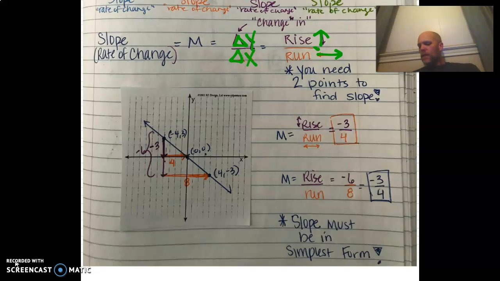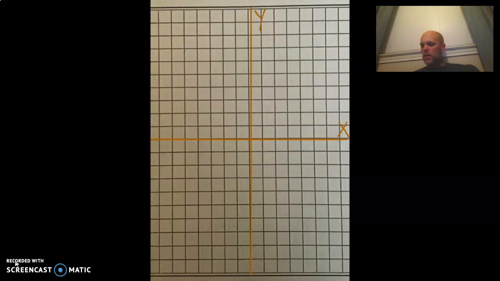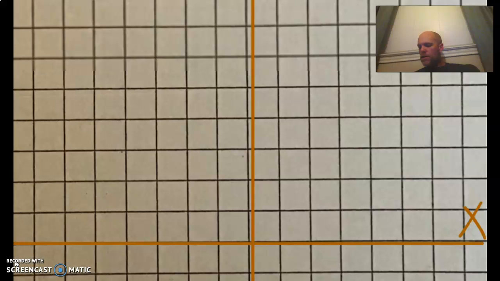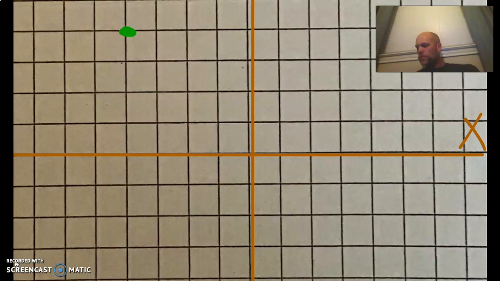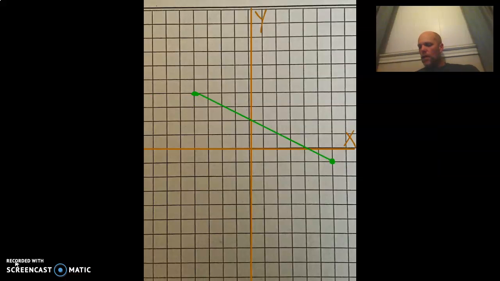All right, so there is that full page again. If you need that, you can pause it right now and write that. Otherwise, I'm going to do one for you. So here's what I'm going to do. I'm just going to put a dot there, and a dot there, and I'm going to connect those two. First, let's think.